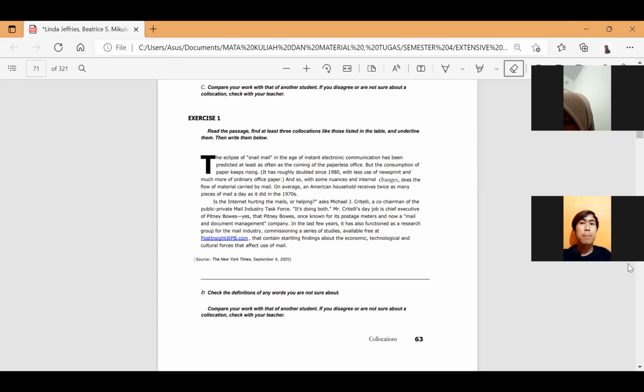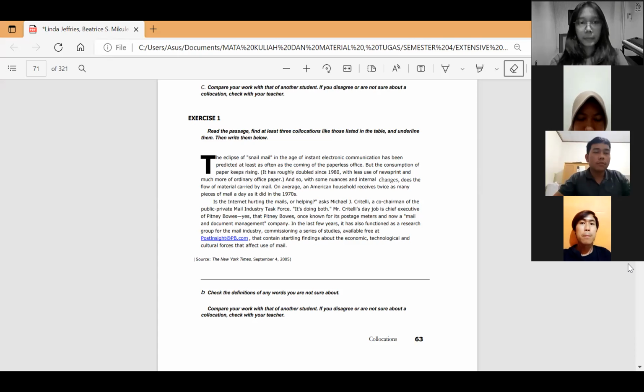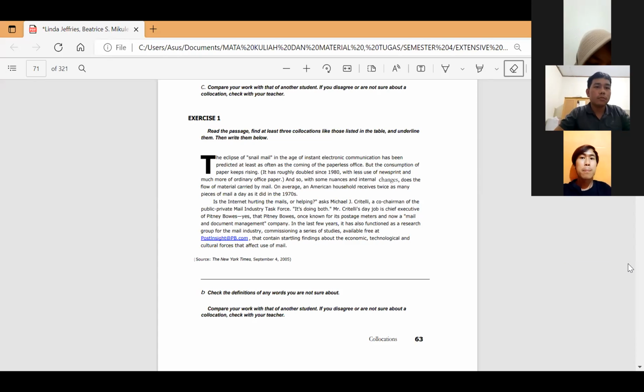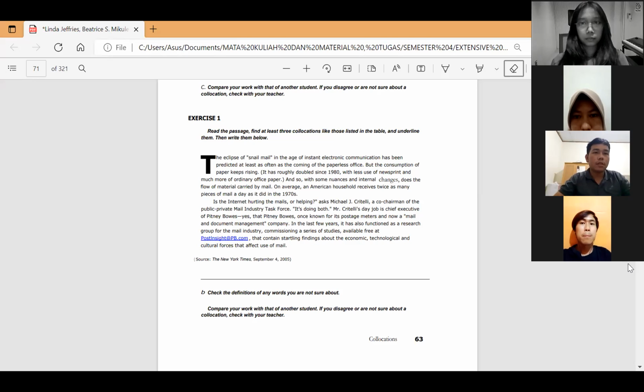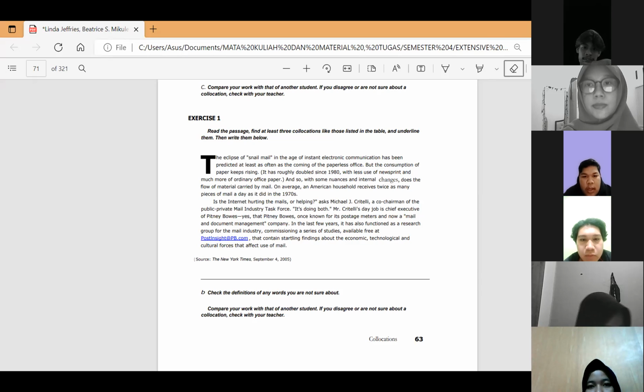Before I provide my answer, I want you to scan the passage. Did you notice the collocations?